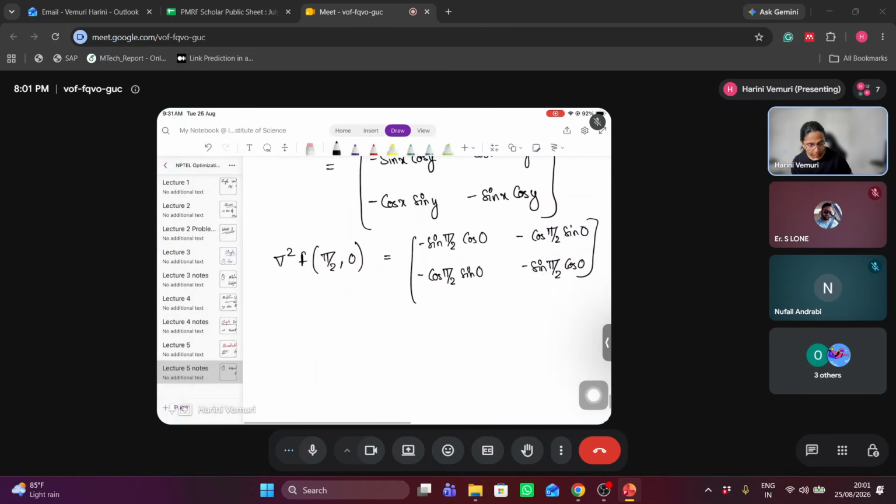So this is minus 1. Here cos pi by 2 or sine 0 will be 0. So this is 0. And then here again minus sine pi by 2 is 1. Cos 0 is 1. So it's minus 1. So this is our Hessian matrix.